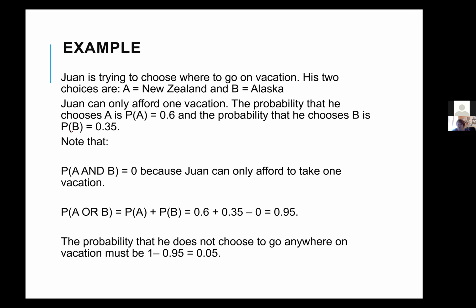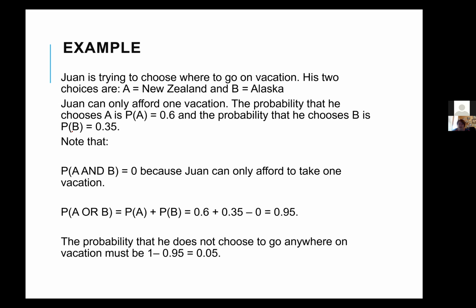He can't do both. So let's say, weighing all his options, the probability that he's going to go to New Zealand is 0.6. There's a 60% probability he's going to choose New Zealand for whatever reason. The probability that he chooses to go to Alaska, weighing all the options, is 35%, 0.35.